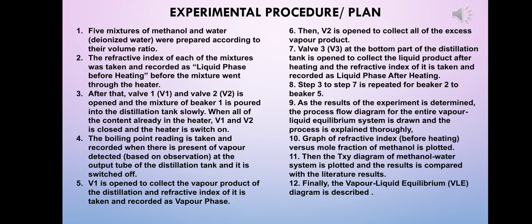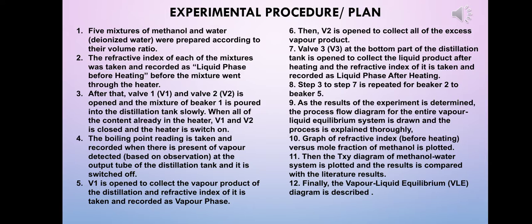For the experimental procedure, the experiment was carried out as follows. First of all, we prepare 5 mixtures of methanol and water according to the volume ratio. Then we take the refractive index of each of the mixtures and record them as the liquid phase before heating, before the mixtures are sent to the heater.